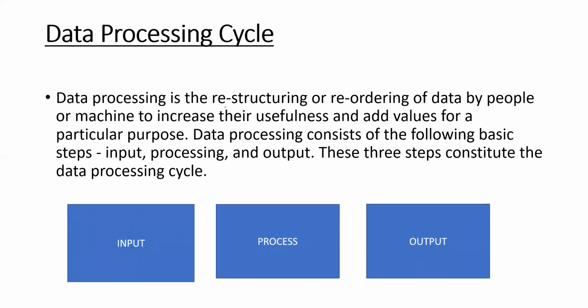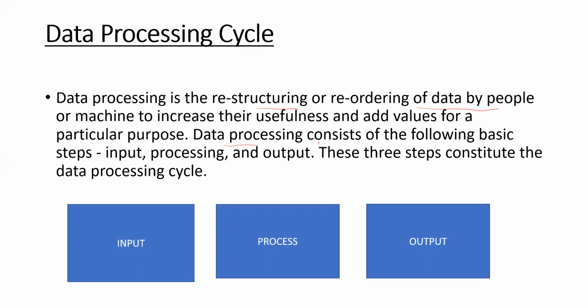The data processing cycle is nothing but restructuring or reordering the data by people or machines. For people writing an algorithm or writing a program in the computer, the data processing cycle is the same. They increase usefulness and add value for a particular purpose. If you follow a structure and an order, only then can we get a purposeful, correct result or output, or useful data.